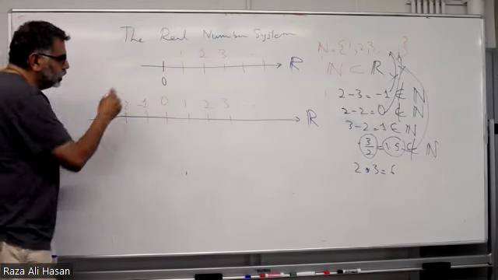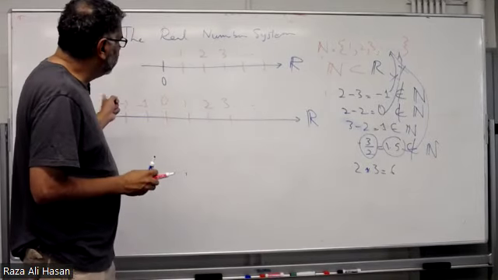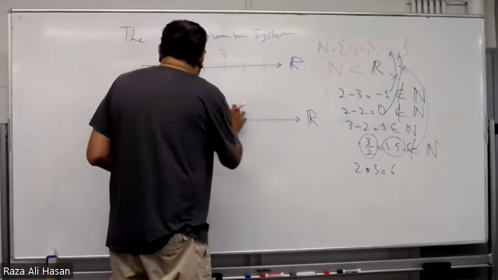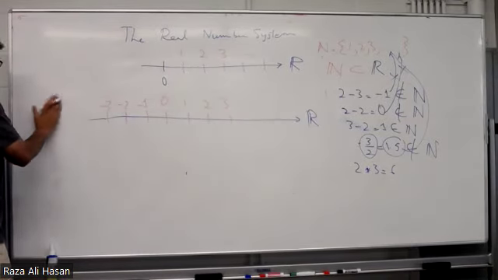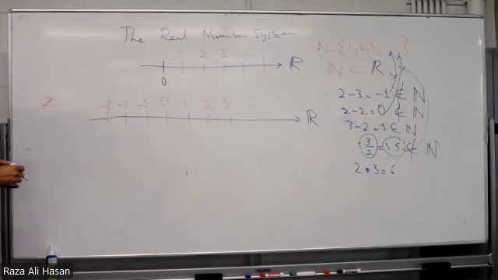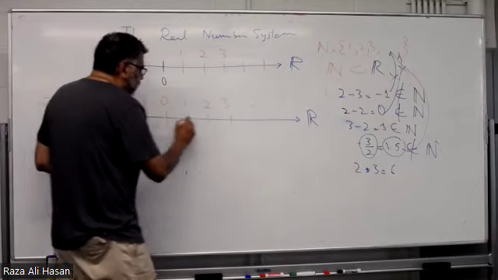Now this set is Z, not Q, sorry, Z. One way to represent this is I could make this line red as well.